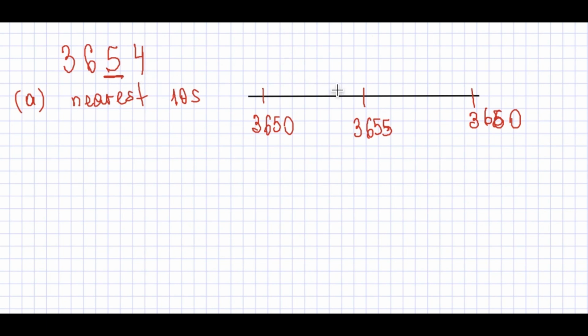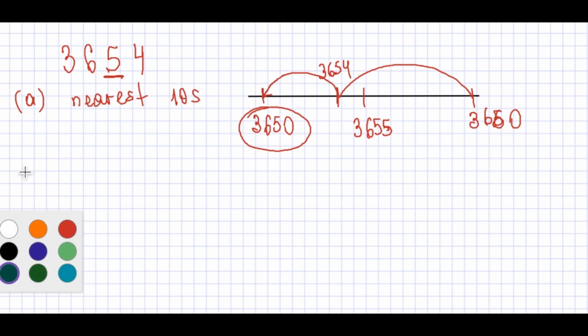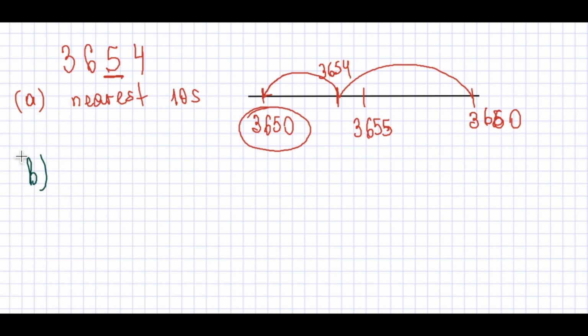We can easily see that our number is from the first interval. So when we see the distance, we can easily understand that 3,654 is near to 3,650.